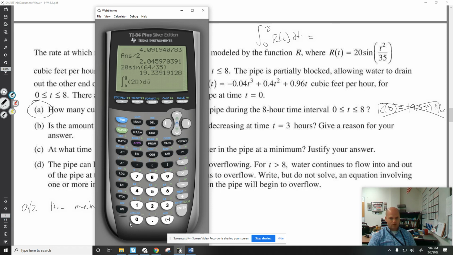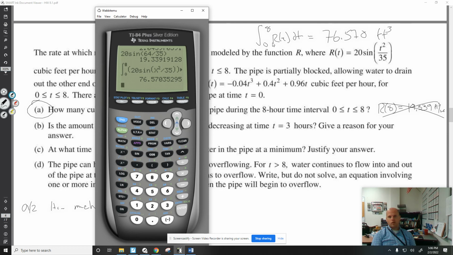These are all calculator problems, by the way. And Mr. Accumulation of this rate gives us the total in, 76.570. This is in cubic feet.